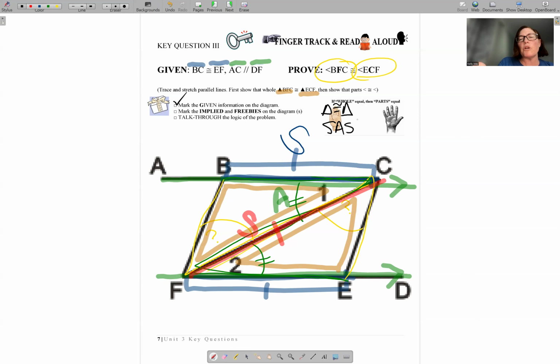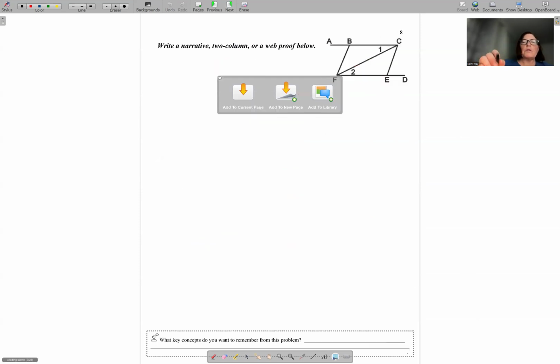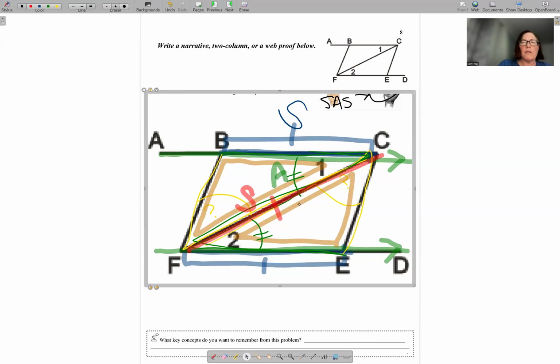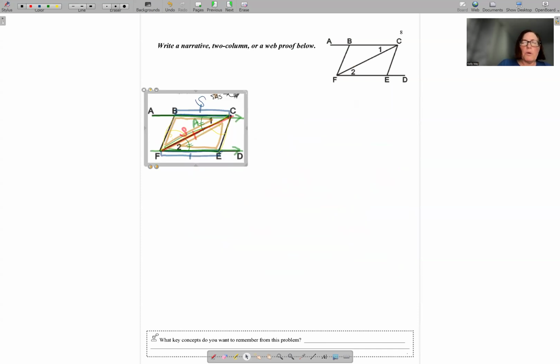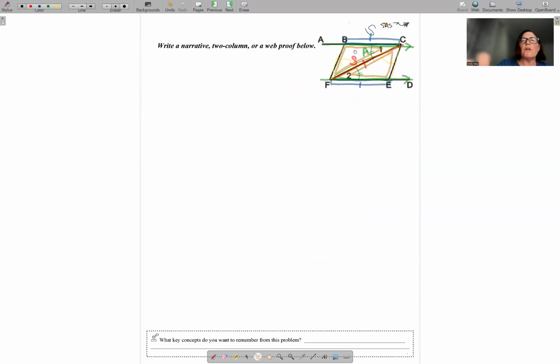If our triangles are congruent, if our whole is equal, then our parts are equal. So there's a couple ways you can write this up. You have to do it yourself.